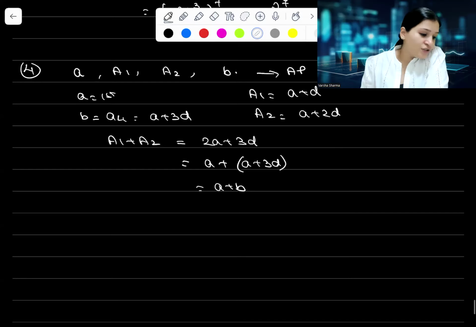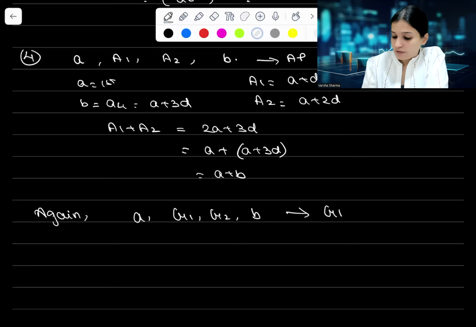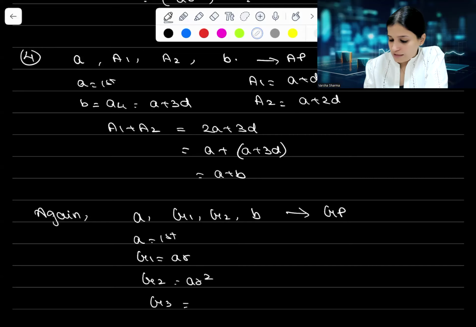What we also want is G1 into G2. Again, a, G1, G2 and b are in GP. a is the first term, G1 is the second term ar, G2 is the third term ar squared, and b is ar cubed.